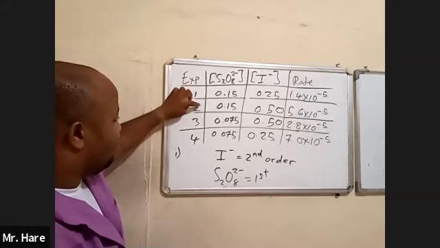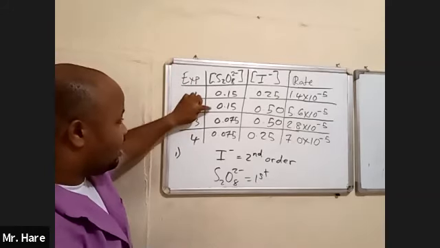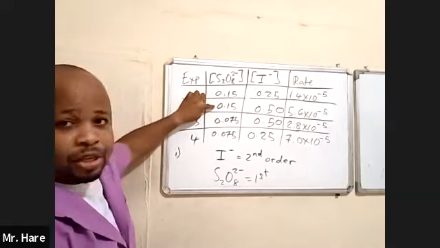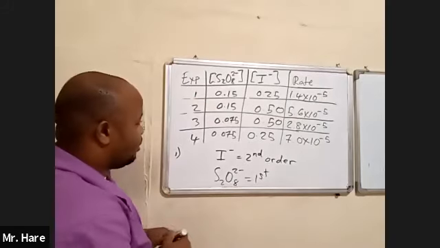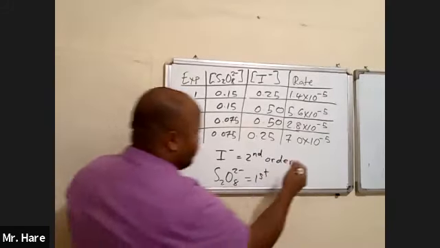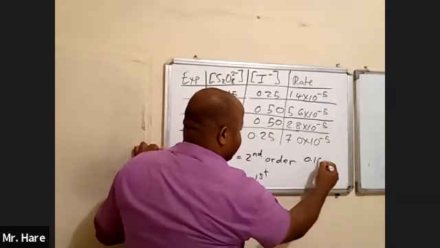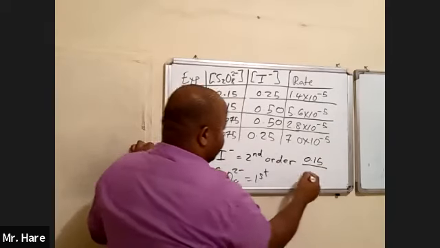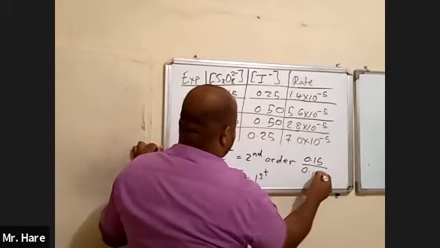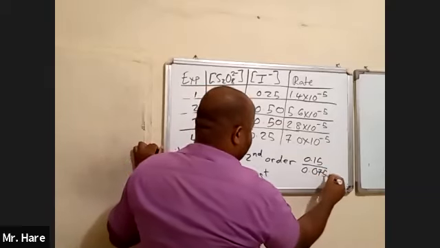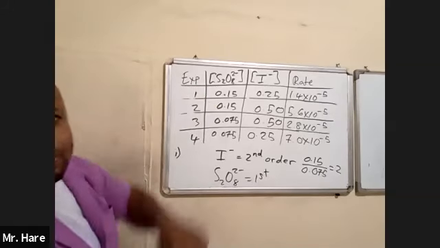So for experiments 2 and 3, we decrease the concentration by a half. So 0.15 divided by 0.075 is equal to 2.